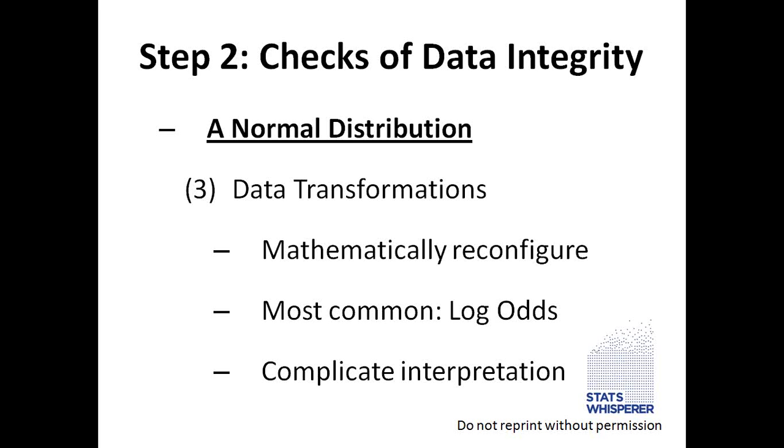It'll multiply all the values, like the values for age, by a certain number to make them more spread out and even. The trouble is, you see where it says complicates interpretation? When it multiplies those numbers and they spread out, those numbers are no longer interpretable.